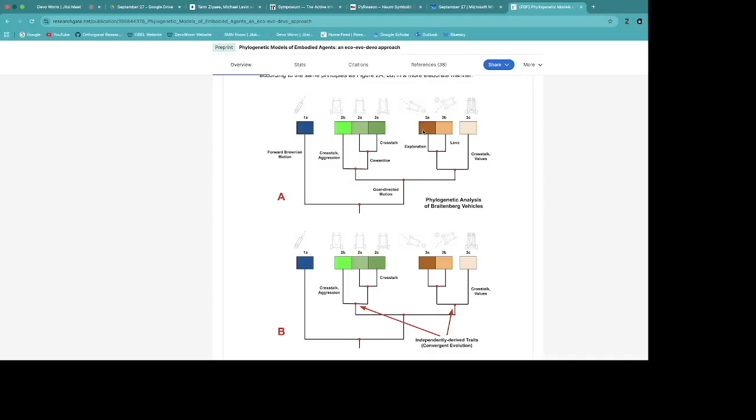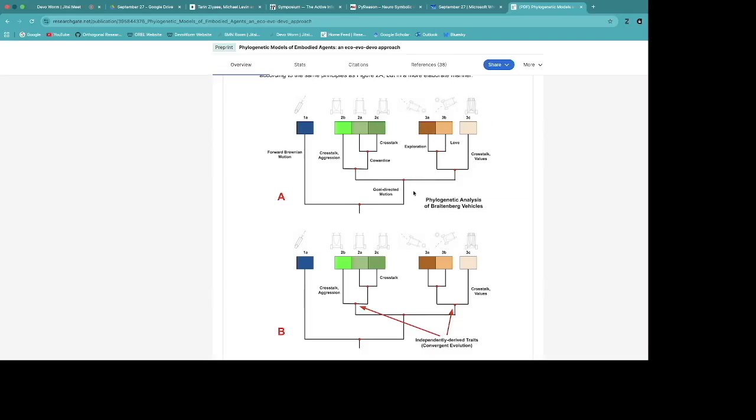So the second clade is 3A, 3B, and 3C. We have 3A and 3B as this internal clade where you have 2 different behaviors but the same or very similar architectures, love and exploration.